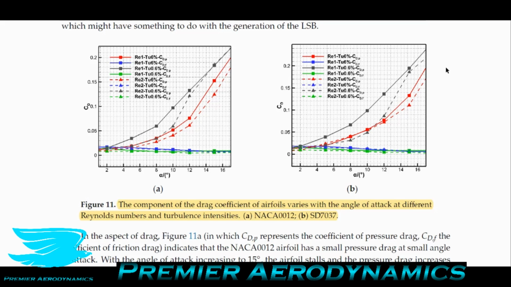And then obviously in the pre-stall region, for the high turbulence intensity, you have an airfoil which is still seeing attached flow. The profile drag is far lower because the pressure drag is very low compared to the low turbulence intensity airfoil, because the boundary layer for the low turbulence intensity airfoil is much more laminar than the high turbulence intensity airfoil.